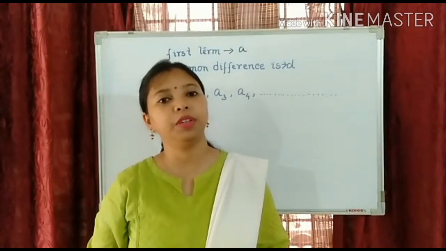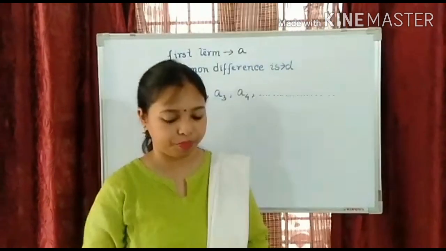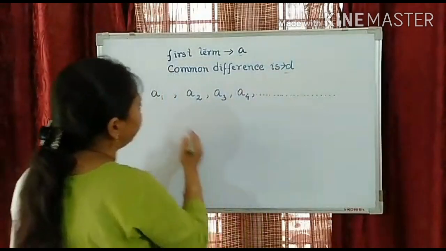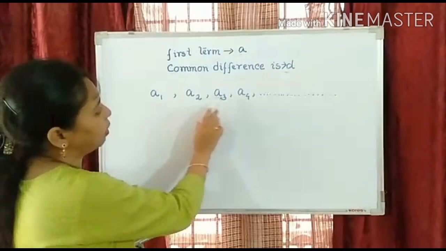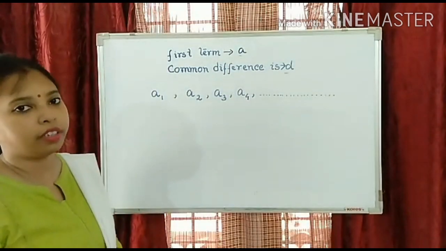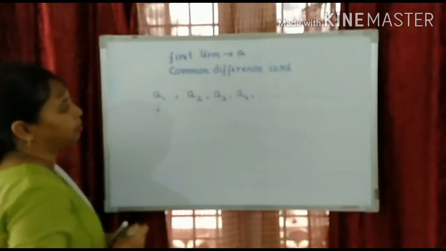The first term we generally denote by A, and the common difference we denote by D. Here you look, first term A, common difference D, and these are the terms. A1 is the first term, A2 the second term, third term, fourth term. In this way we write. In the previous video I already said this. Now what is A1, the first term?